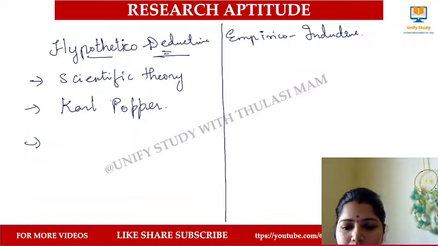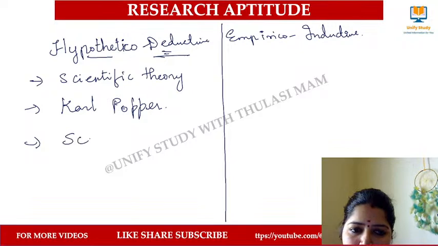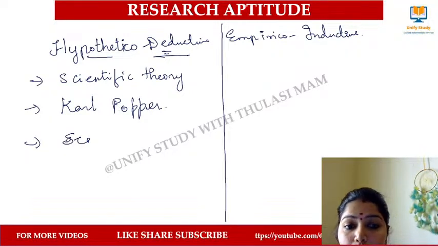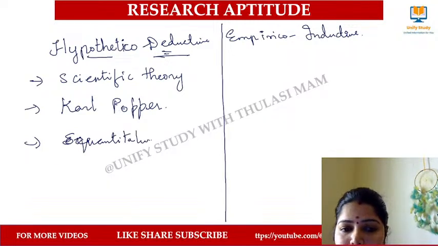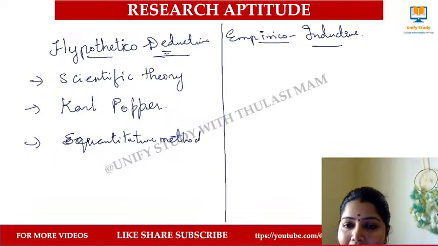And it is a scientific way of approach. Scientific approach uses the quantitative data method, quantitative method to solve this problem. And in the opposite, we have an empirico-inductive method, and this works on the observation. This is based on what?